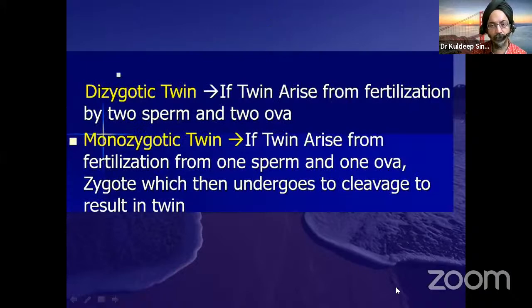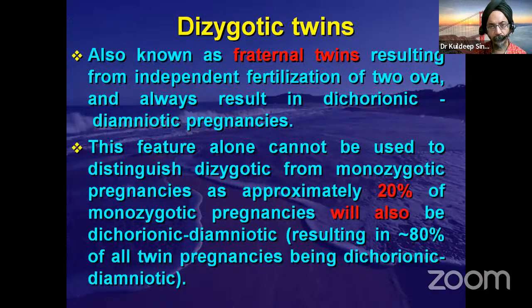So if the twins are arising from the fertilization of 2 sperms and 2 ova, it's a dizygotic twin. And monozygotic, when there's a fertilization of 1 sperm and 1 ovum, the zygote is formed, and depending on when the cleavage or division occurs, you're going to be having different types of twin pregnancies.